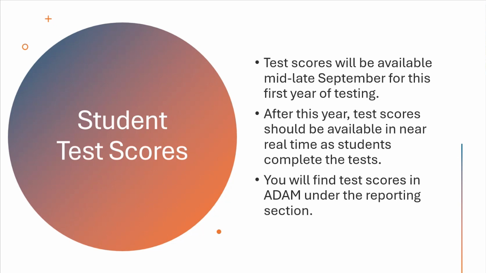After this year, the test scores should be available in near real time as students complete the tests, starting next year, after they have all of the standard setting and deviation scores and all that stuff. And we will look at the system where those reports will be available and who has access to those shortly.